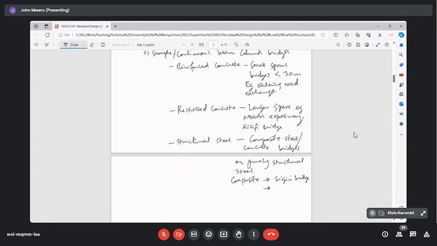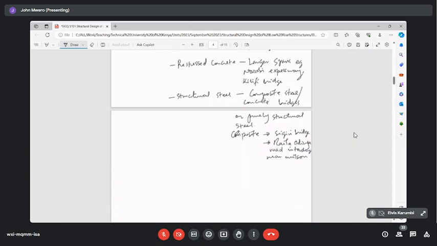This interchange here on the former Mbagathi, let me say Raila Odinga Road, near Wilson Airport. It's a good example of composite.